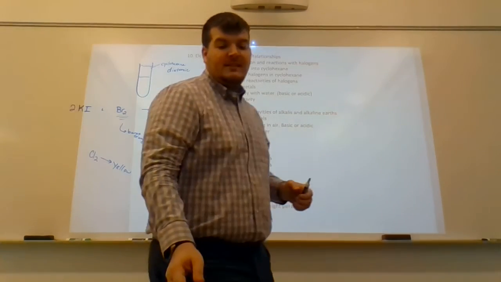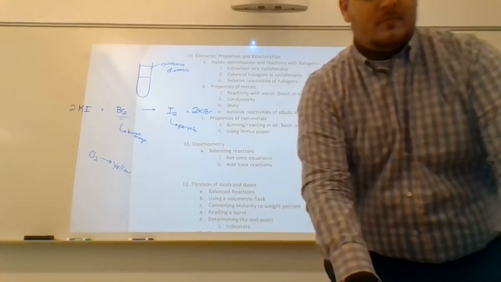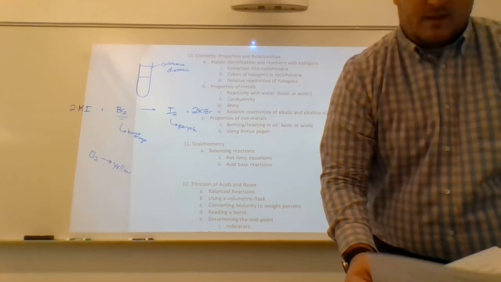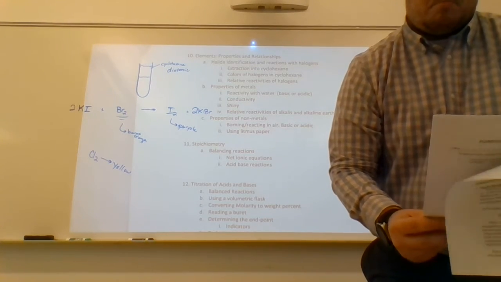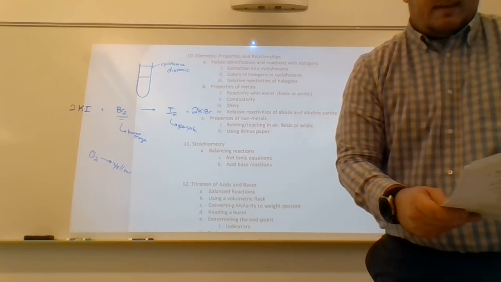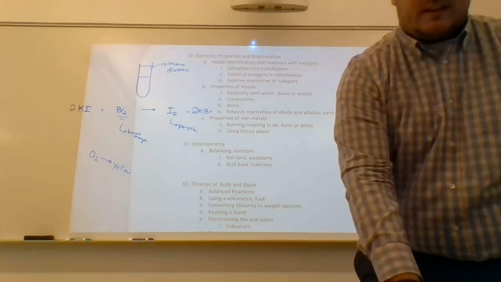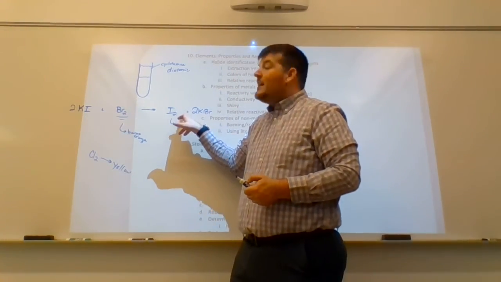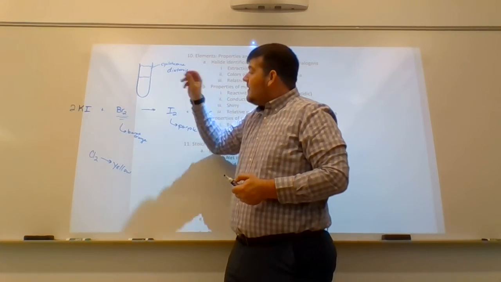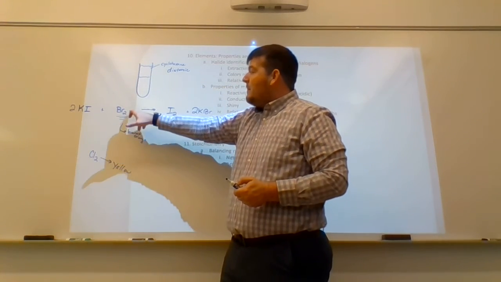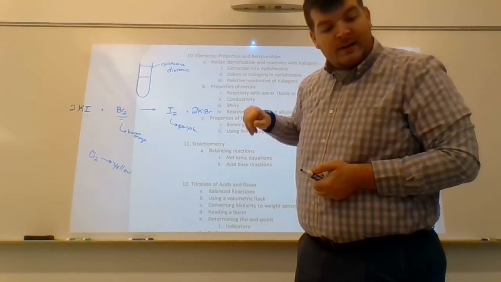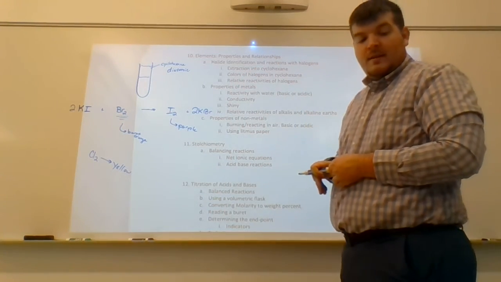According to the elements lab, if we had this reaction that took place, if this reaction actually took place and this was purple, then that would mean that bromine is stronger than iodine, okay?